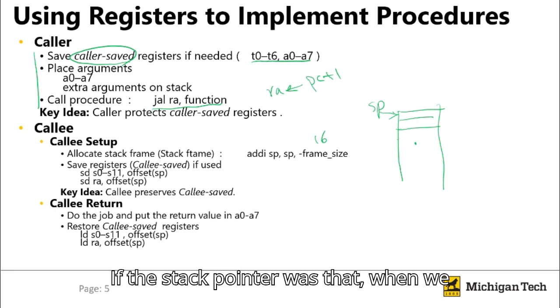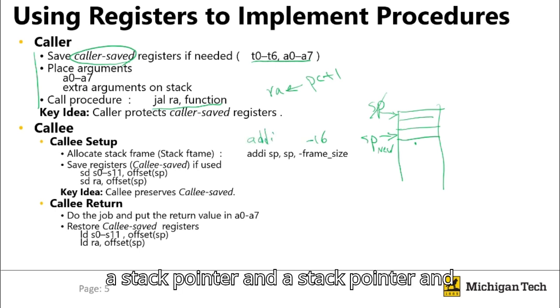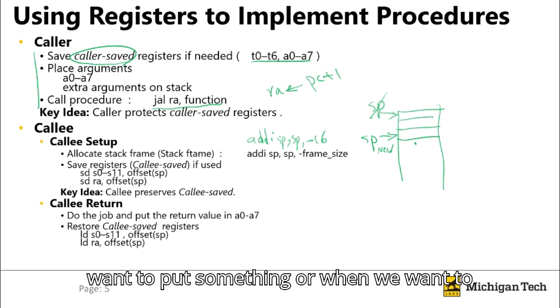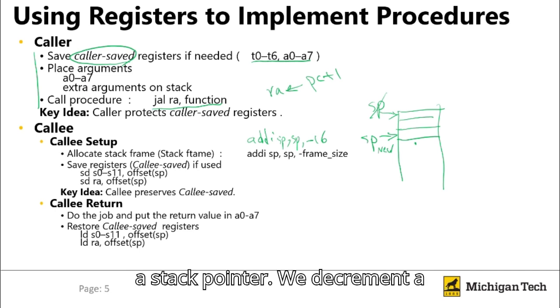If the stack pointer was here, when we get 16, the stack pointer is going to come here, the new stack pointer, minus 16. We just need to add to the stack pointer -16, because the stack grows backward when we want to push something inside. We decrement the stack pointer by the number of bytes, because 16 bytes means 2 double words.